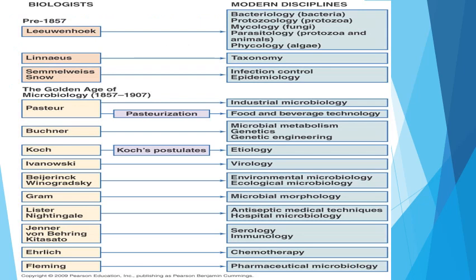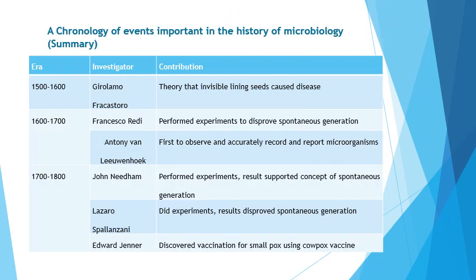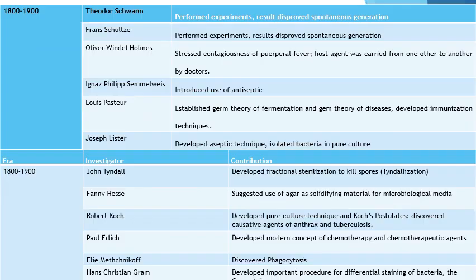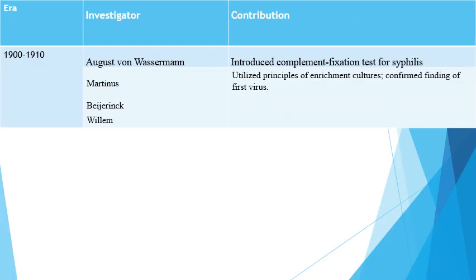Here we have a brief description of different biologists that played a very important role in the development of different modern disciplines. So in the end, we have a very brief summary of the history and development of microbiology from the 15th century to the 19th century.